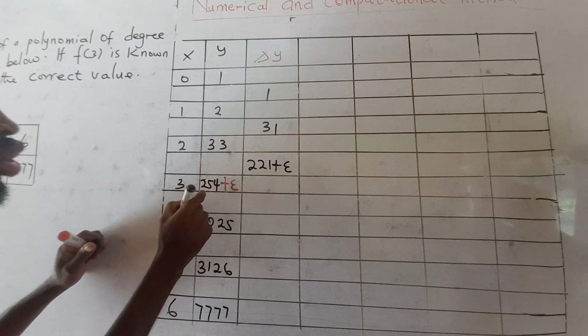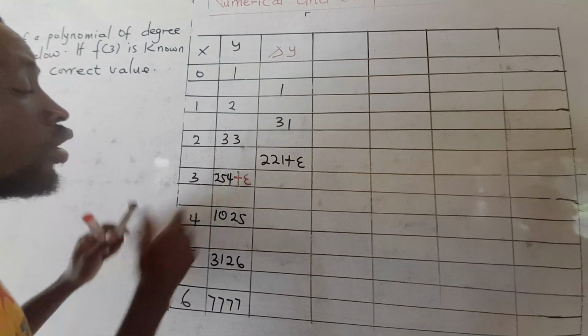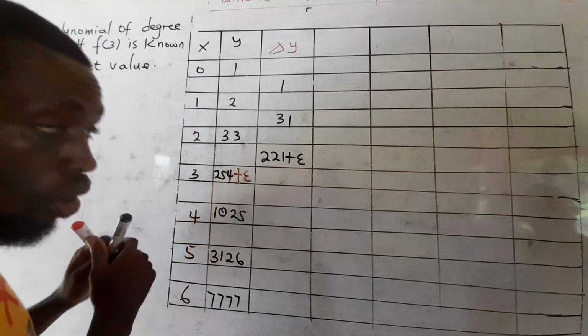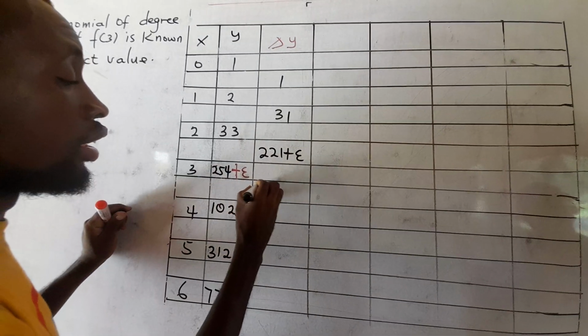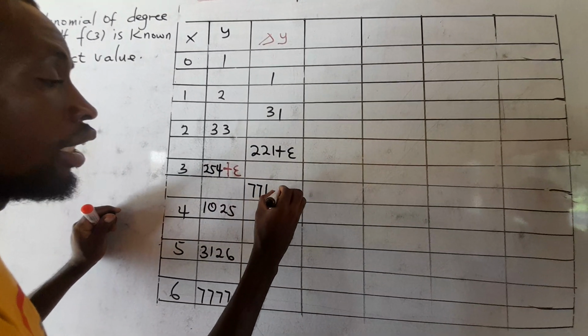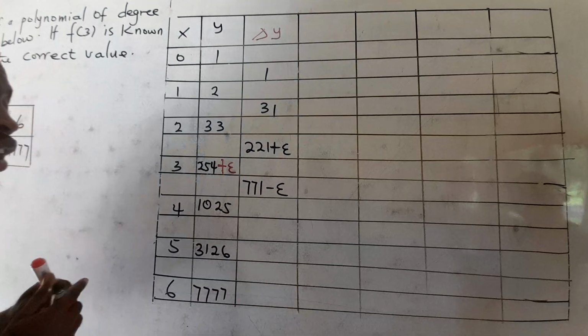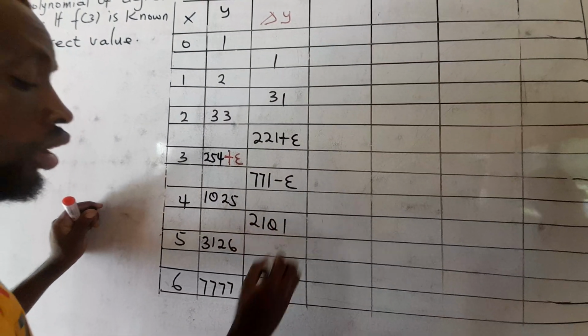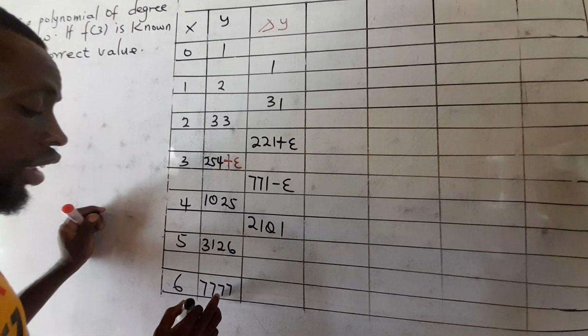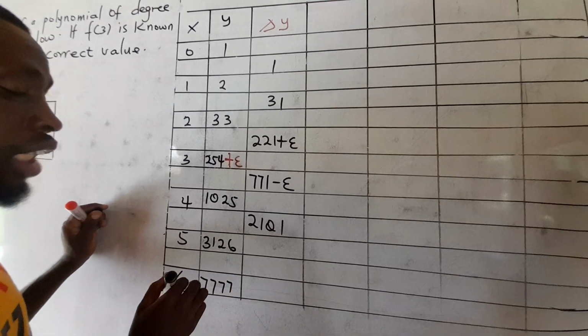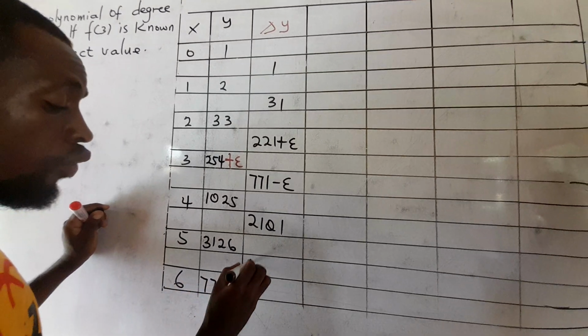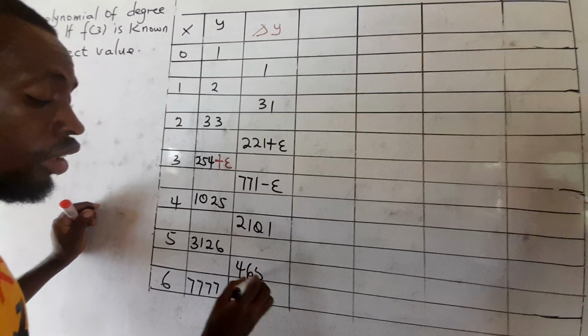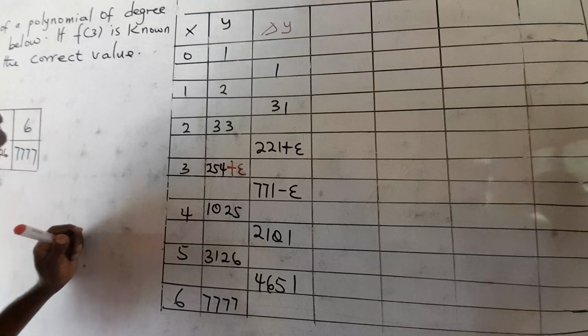Then 1025 minus 254 plus error will give me 771 minus error. Then this from this will be 2101. And 7 times 777 minus 3 times 126 will give me 4651. So we have found the first difference.